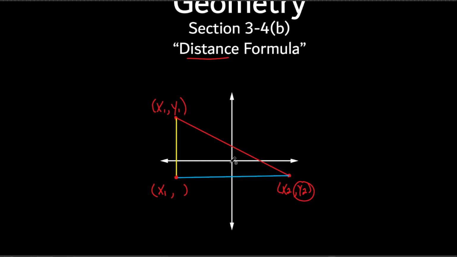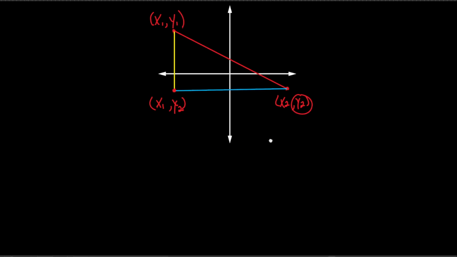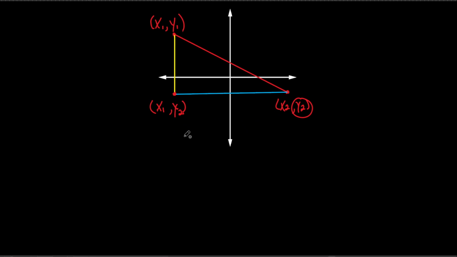So you started here, you went over x2, and then how far did you go down? You went down y2. So look, this is the same distance down as this one is, isn't it? So if we went down y2 to get to here, guess what? We went down y2 to get to this. All right? If you don't get that, it's really not that big of a deal. It's just so that you can see where we get our formula from.